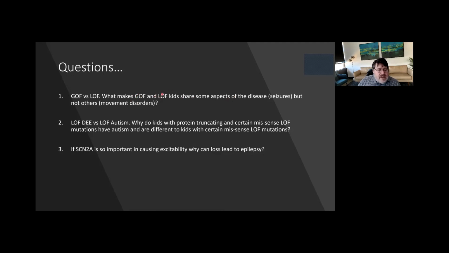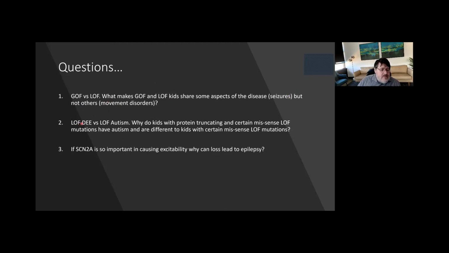We can see seizures in both gain of function and loss of function kids, but not others. Movement disorders tend to be more prevalent and stereotyped in the loss of function kids than the gain of function kids. So there's something about gain of function and loss of function that results in aspects of the disease that look similar. They both have developmental delays. They both can present with seizures, but then there are other things that make them different.